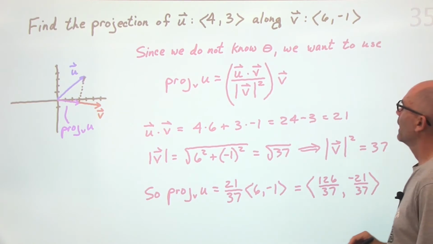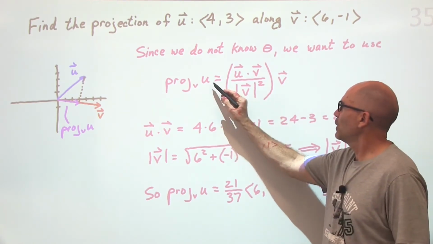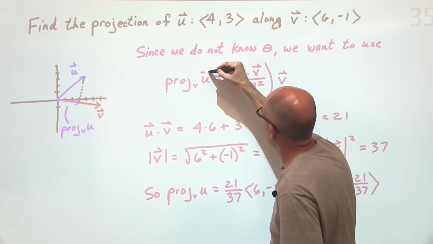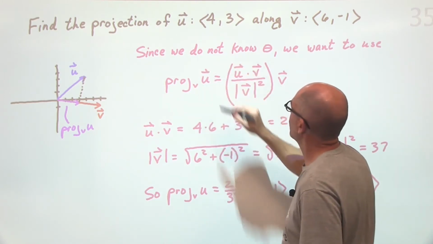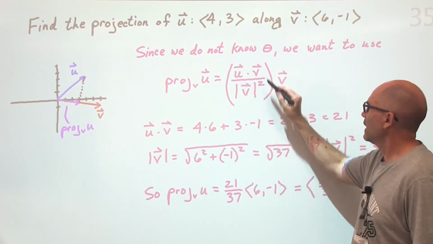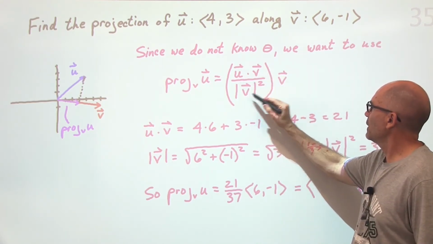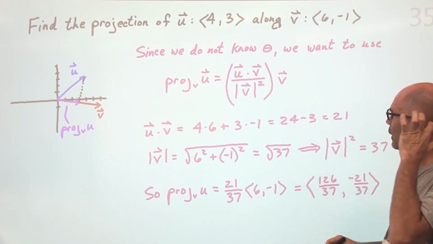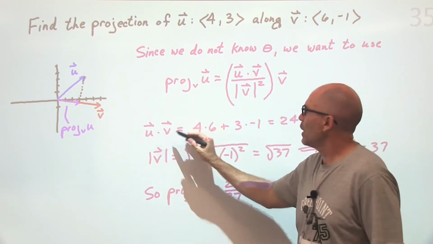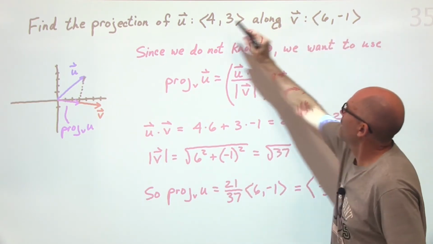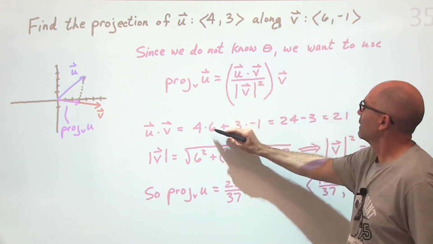Okay, so the projection of u along v is u dot v over the magnitude of v squared times vector v. Well, let's just crank that out. So u dot v means take u and v, multiply the x's, 4 times 6.